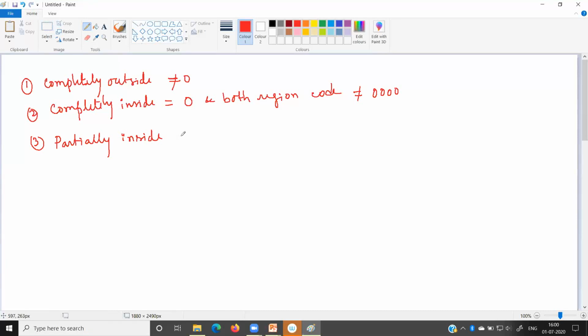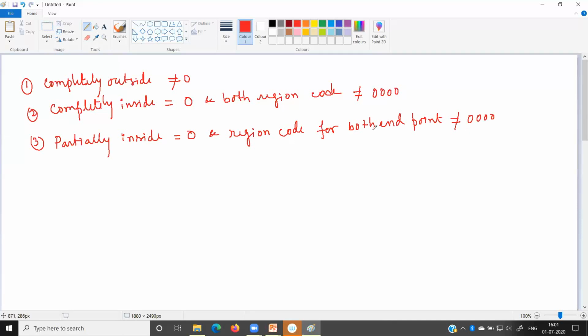So in that case, if you perform the AND operation between the two region codes, you also get the output 0, but the region code for both endpoints is not equal to 0, 0, 0, 0.